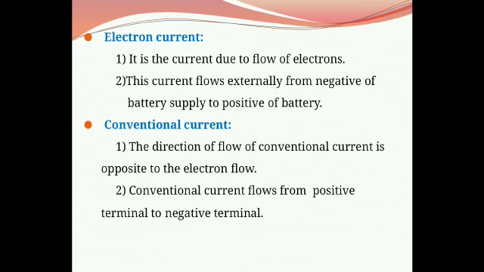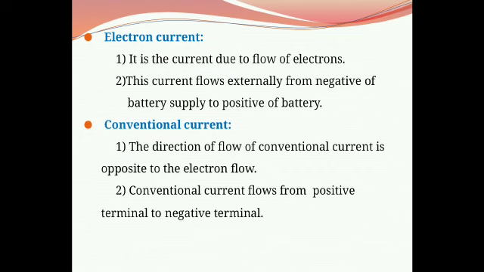Electrons have negative charge, and in conductors, the electrons revolving in the last orbit are called valence electrons or free electrons, and these electrons are responsible for the conduction of current. This current flows externally from the negative of the battery supply to the positive of the battery.